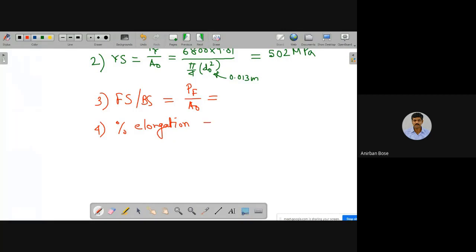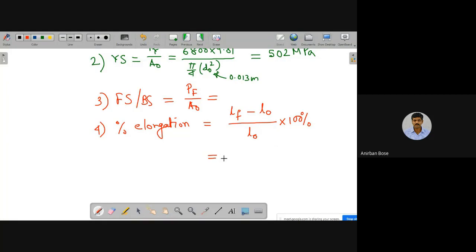So percentage elongation is defined as the final length minus the initial length divided by the initial length, multiplied by 100%. So this is the definition of the percentage elongation.